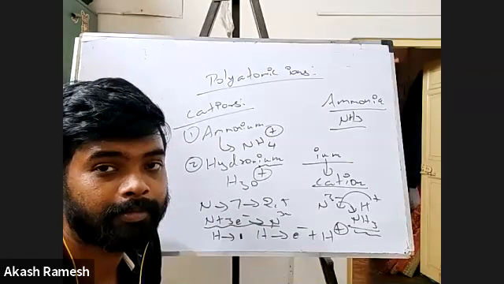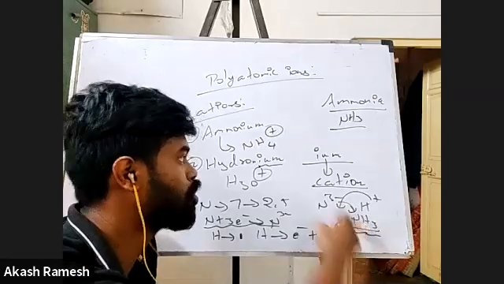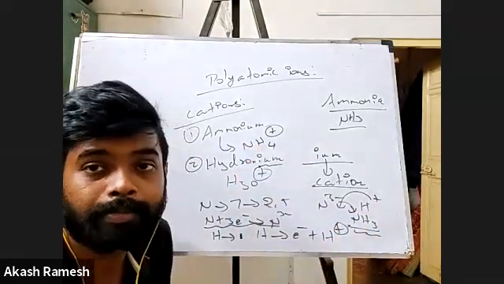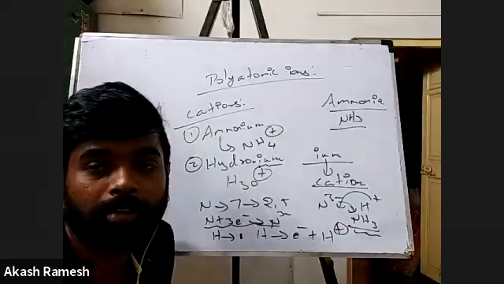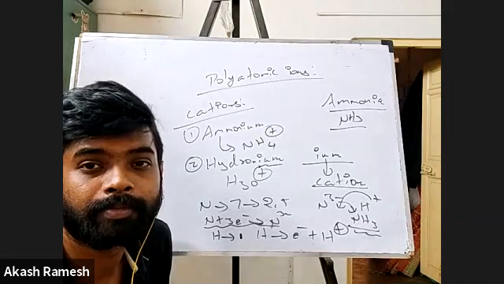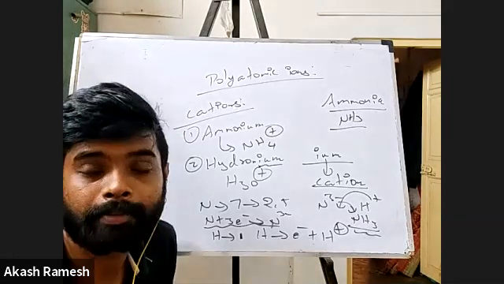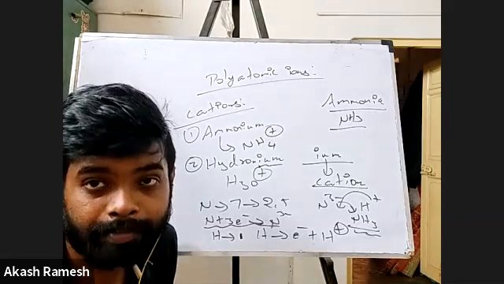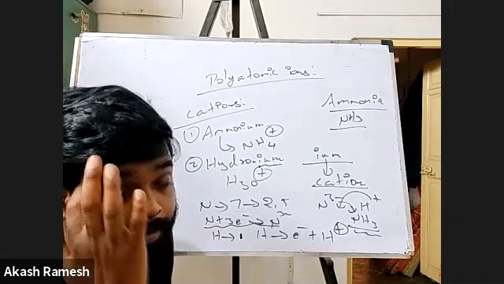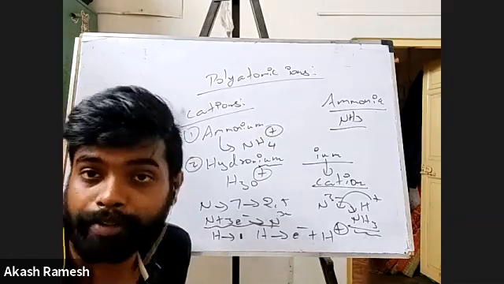One difference is it is neutral and this is positive. What is the other difference you can see between ammonia and NH4 plus? Look at the formula and tell me. In ammonia, there are 3 atoms of hydrogen, and in ammonium, there are 4.